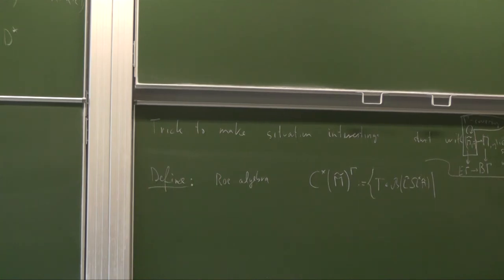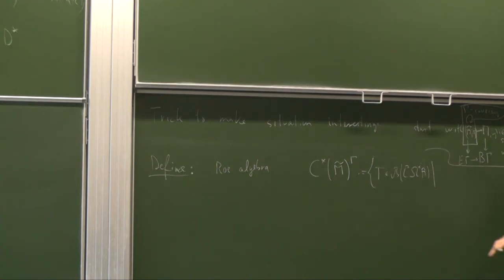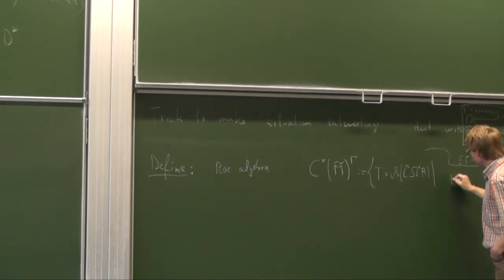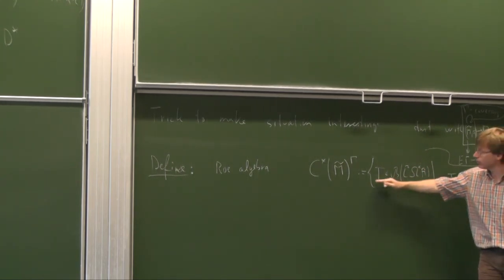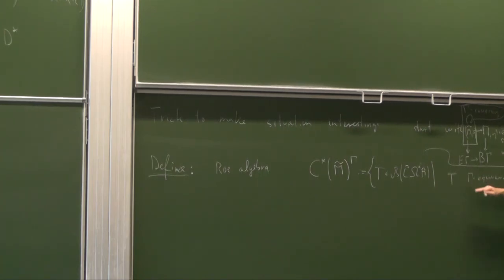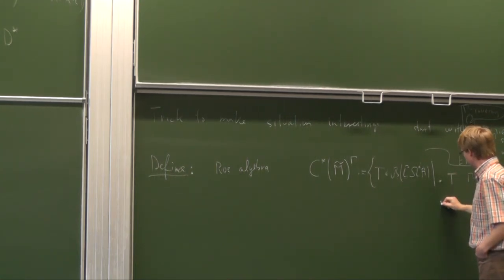And these have to satisfy a number of conditions to make them qualify to be inside this Roe algebra. What are these conditions? One of them is, as I indicated already, T should be gamma equivariant. So gamma acts on the manifold, so gamma acts on the functions that pull back isometrically, and we want T to be compatible, equivariant for this gamma action on the functions of forms. So that's something we all understand.